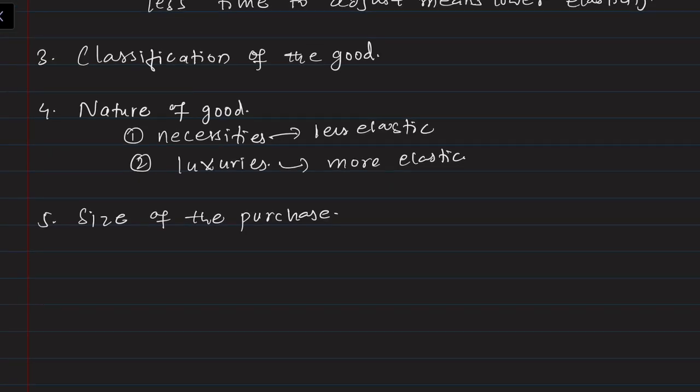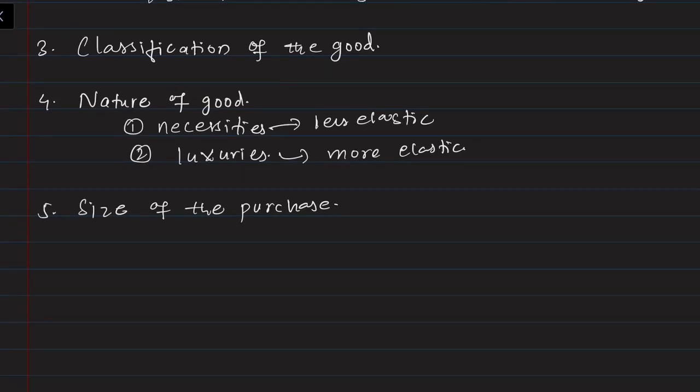And whenever we spend a very small amount of our money on something, we do not really care about that. So we are less sensitive to price changes when the good feels cheap. So for cheaper goods, demand is less elastic.